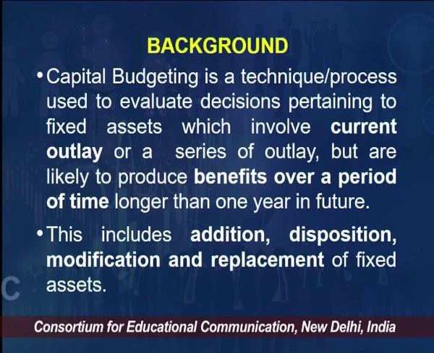So it has a current outlay or a series of outlays, but they are likely to produce benefits over a long term period, more than 1 year, which means the inflow of cash or return is going to happen in future, whereas I am spending today, or maybe more than once, if the payment is more than once, maybe more in future as well. So the outlay primarily is today, but the decision or the commitment is today for sure, right?